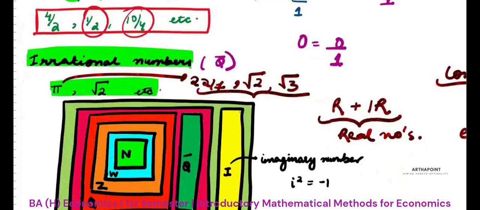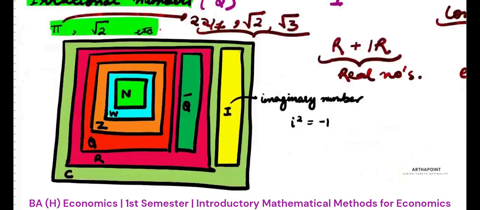So let's see what we understood till now. We understood that we have natural numbers, which is the smallest set. We can add 0 to it and it becomes whole numbers. We can add negative numbers to it and it becomes integers, represented by Z. Then we can add fractions to it and it becomes rational numbers, represented by Q. Then we have irrational numbers represented by Q bar.